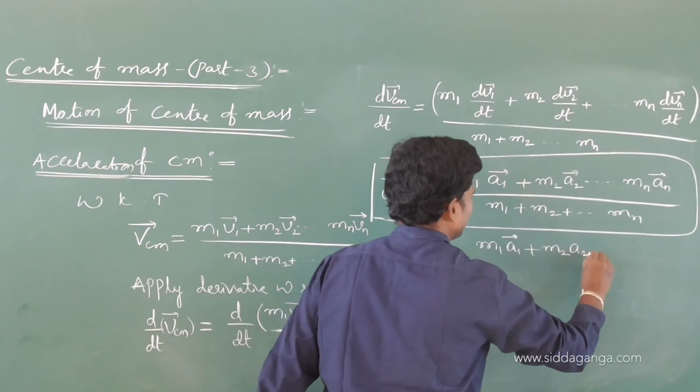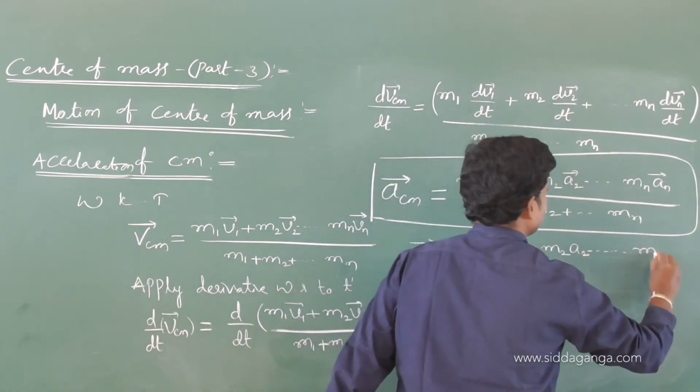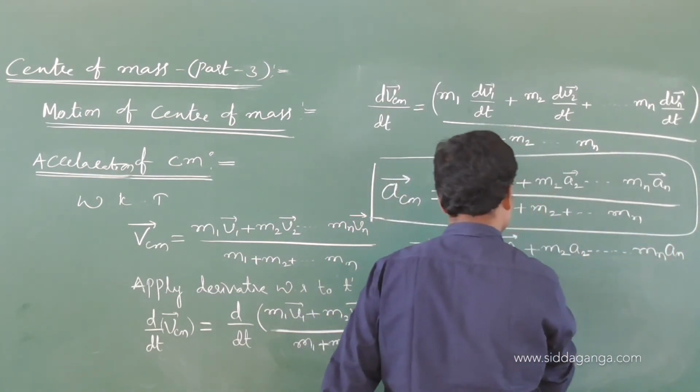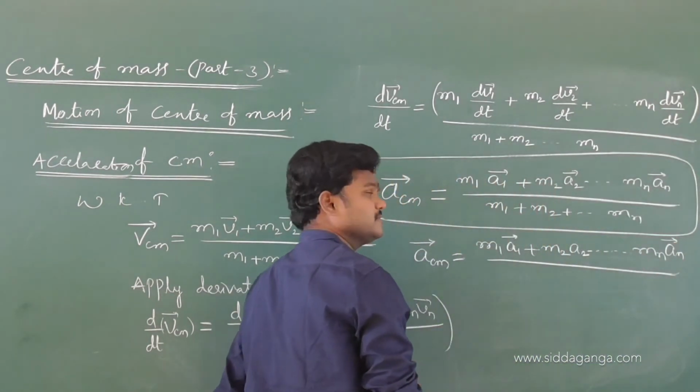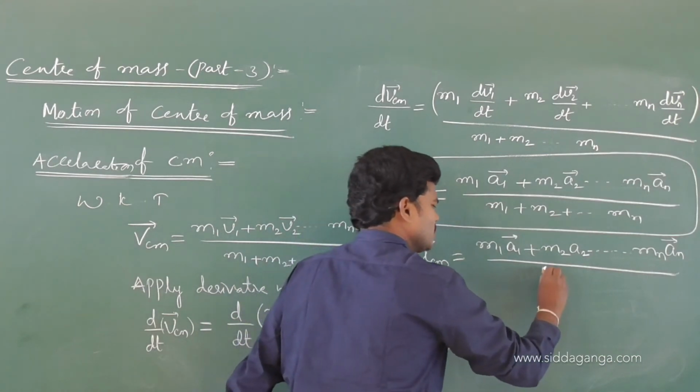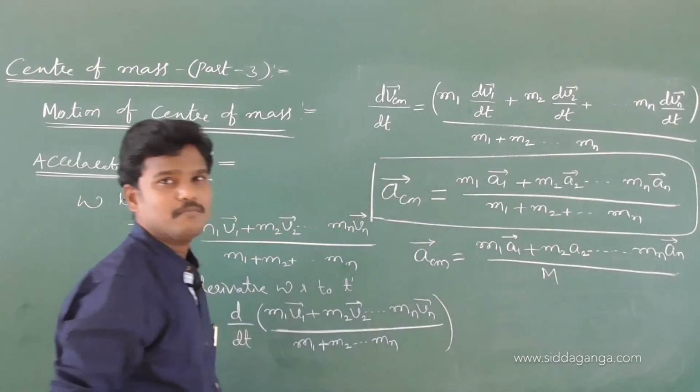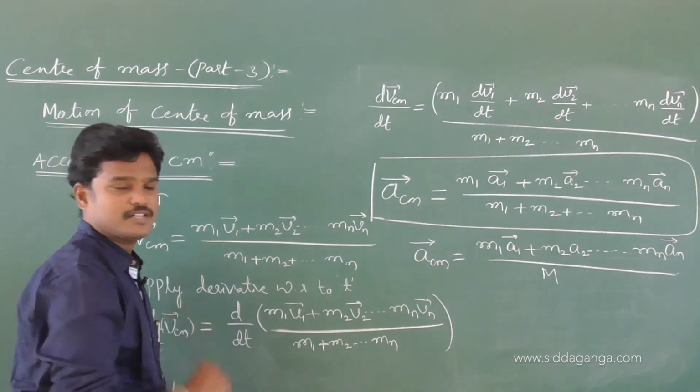This can be written as the summation of m suffix i, which is nothing but the total mass. Take that total mass to the left side.